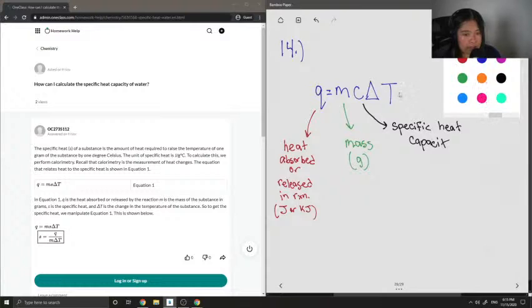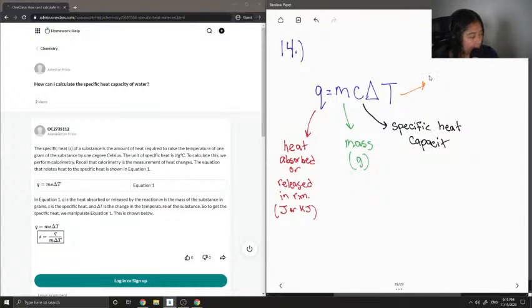And finally, delta T can be defined as the temperature change. A question might give you two temperatures, the final temperature and the initial. So delta T would just be equal to T final minus T initial.